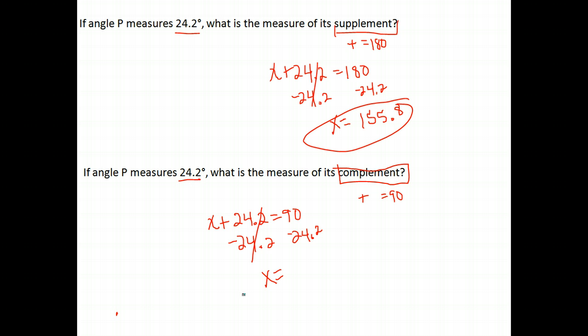And we get 65.8. So you do want to watch very carefully because notice we have the same angle, but when they asked for the supplement, we ended up with 155.8 as the correct answer. And when we had a question dealing with the complement, we ended up with 65.8.